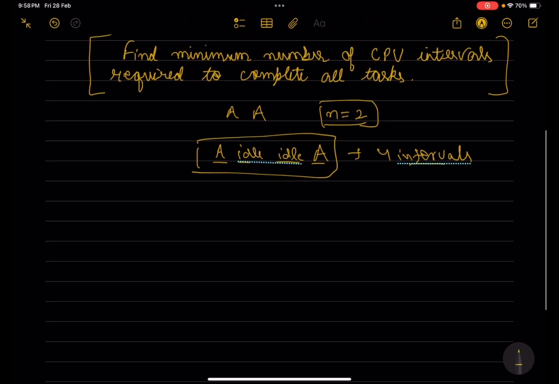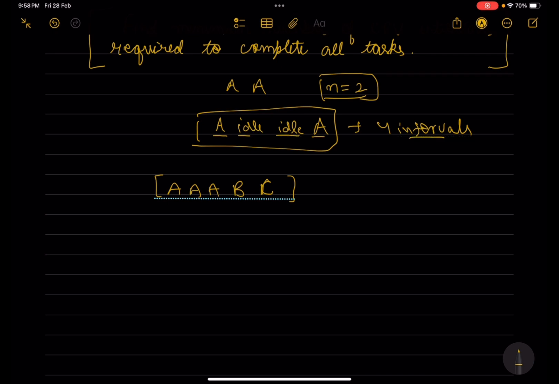Let's take another example. Let's say we have 3 tasks of type A, 1 task of B and 1 task of C. Now let's say the CPU executes task A first, then B, C, A. Now let's say n is given as 1.